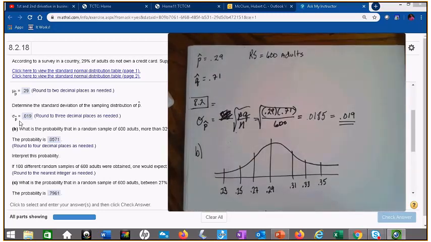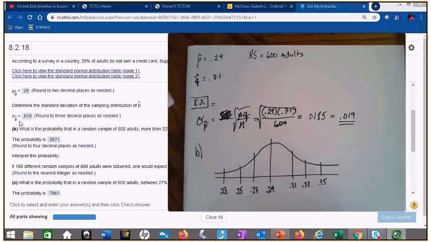And they're asking, what is the probability of 600? Now, the difference between chapter 7 and chapter 8.2 is that chapter 7 wouldn't have said 600 adults. They would have said, what is the probability of being 0.32 or more? And you just did the z-score.